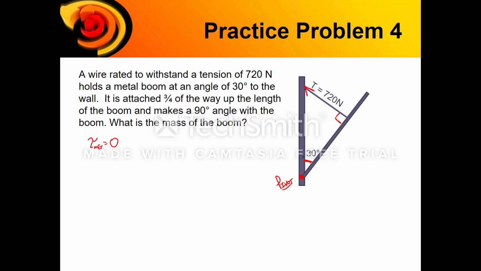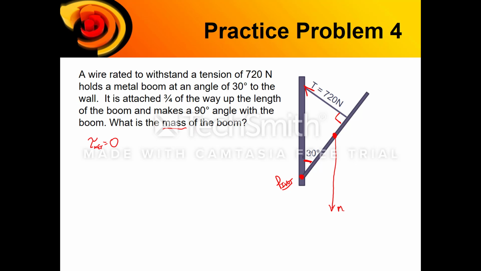All right, so if we continue filling in some information, it's asking for the mass of the boom. If you remember from stuff that we've done in class, we're assuming this is a uniform metal boom, which means that the entire mass acts as if it is located in the exact center.